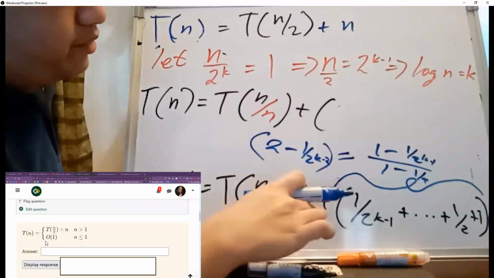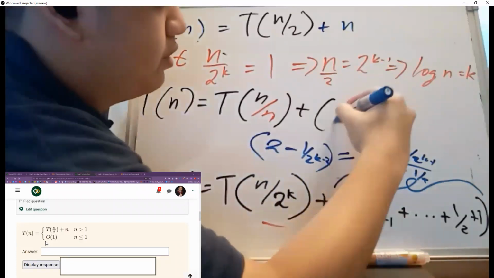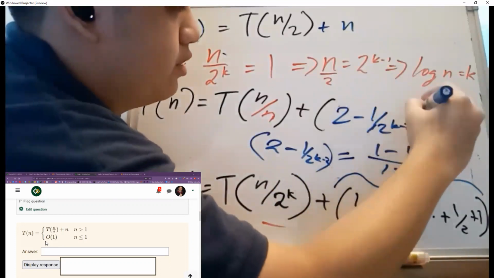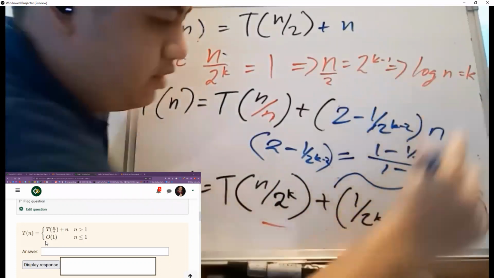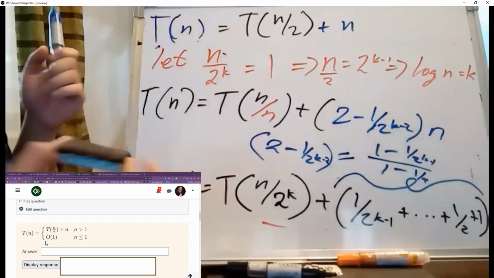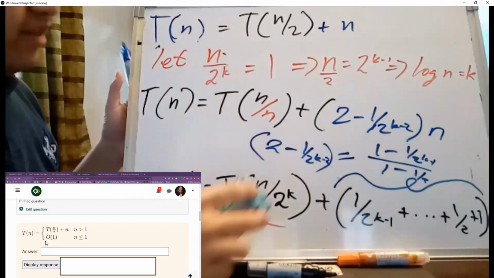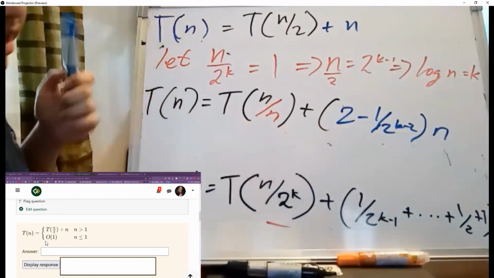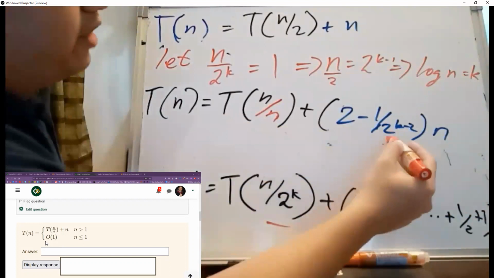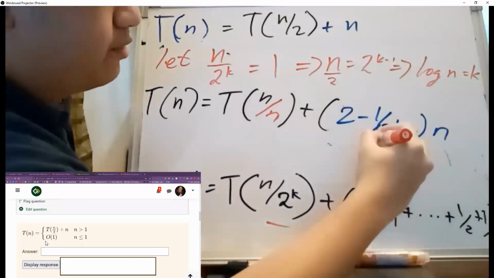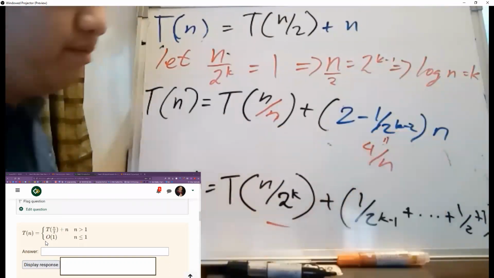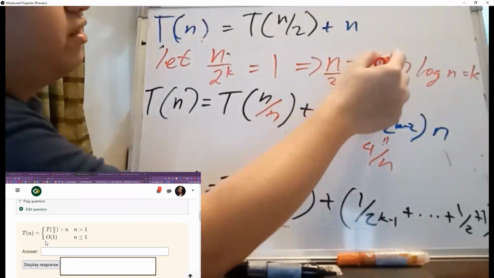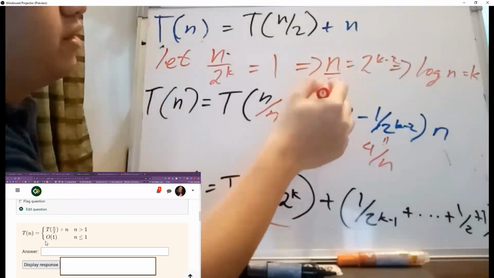So since this is just times n, pwede natin itong gawing 4 over n. If i-apply natin to 2 to the k minus 2 k over 4.